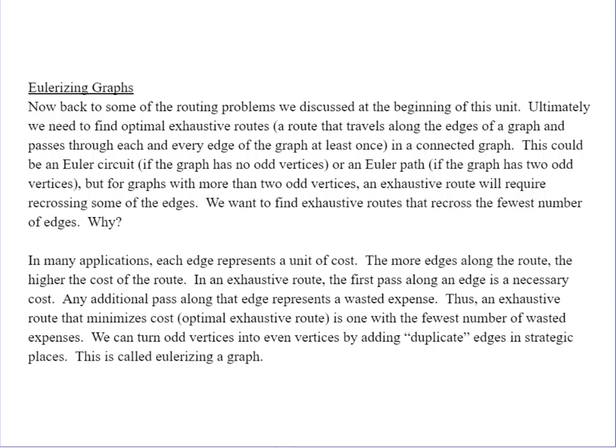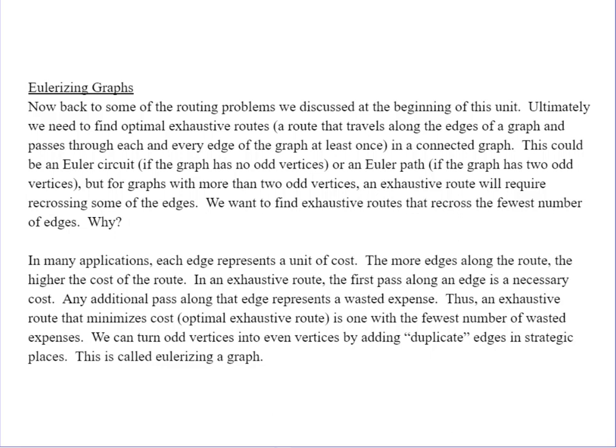So, in an exhaustive route, the first pass along an edge is a necessary cost. Any additional pass along an edge is a wasted cost. So, an exhaustive route that minimizes cost would be your optimal exhaustive route. It's the one with the fewest number of wasted expenses.